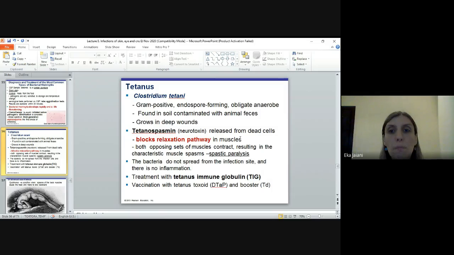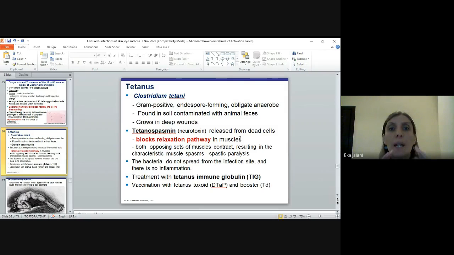This is spastic paralysis of the muscles, and it was deadly because it led to the paralysis of chest muscles and diaphragm that interfered with breathing, and also there was a cardiac failure, and people were dying. So tetanus is caused by this bacterium Clostridium tetani.